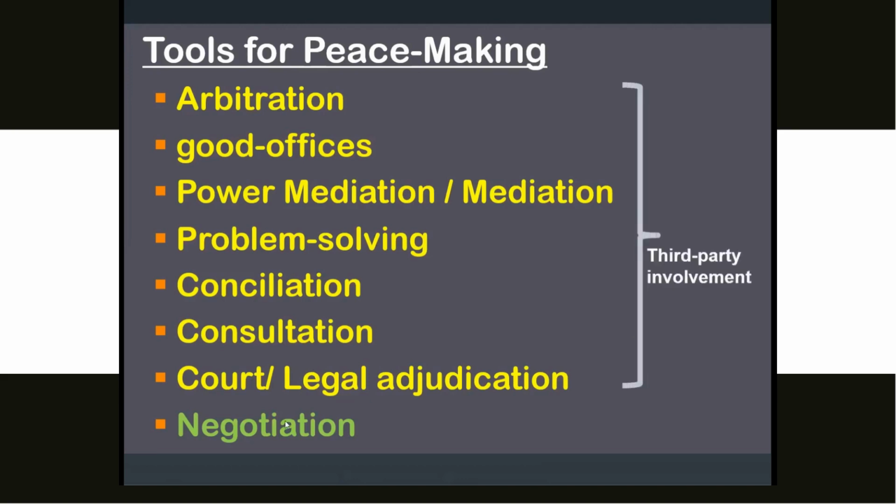This is ideal because parties can directly communicate and resolve their problem. But this is not always possible. So a third party may help them to understand each other. So these are the available tools for peacemaking.